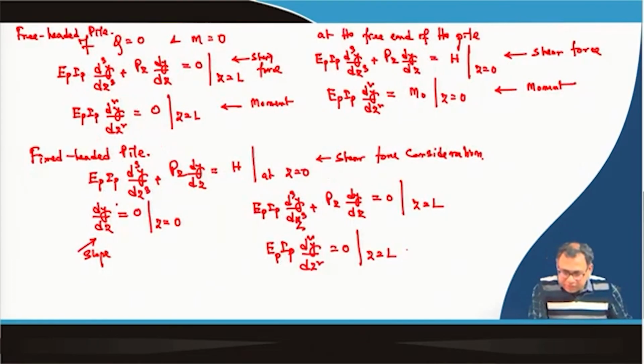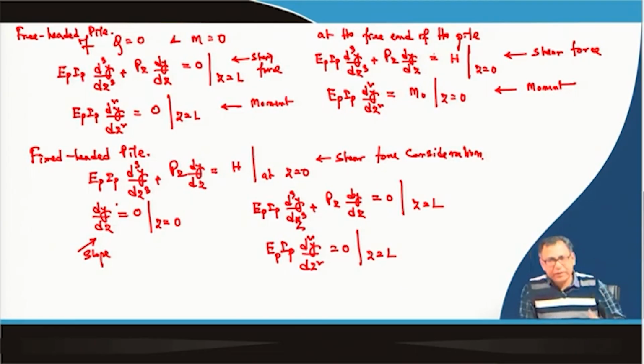So, you can use these 4 boundary conditions for the free headed pile and the fixed headed pile, and then you can solve this equation and get the deformation. Once you get the deformation, you will get the bending moment, slope, shear force, whatever you want.